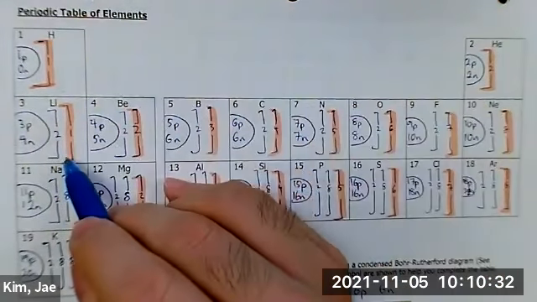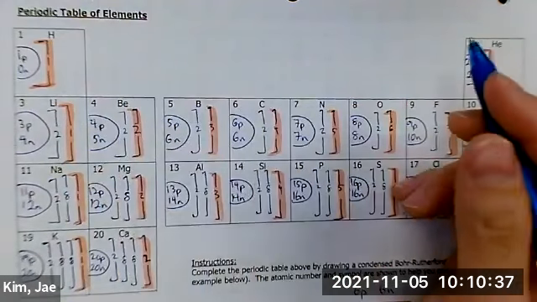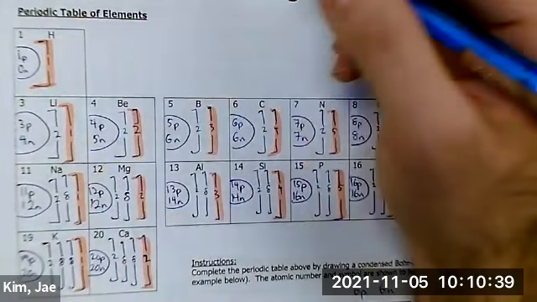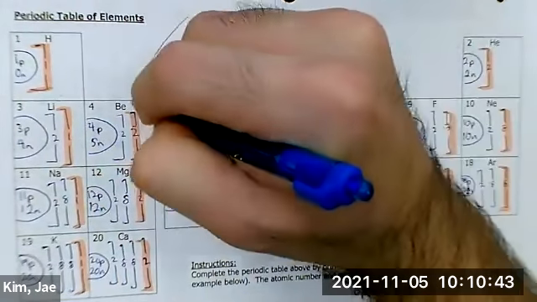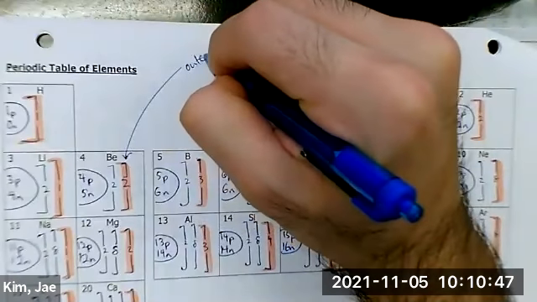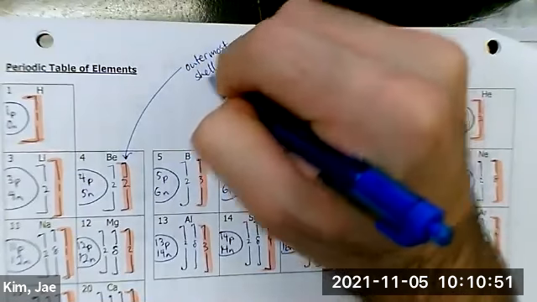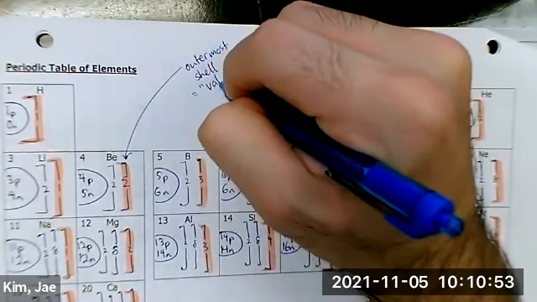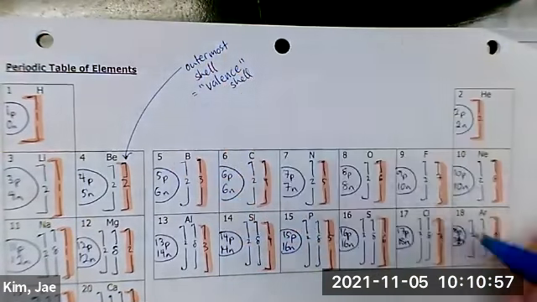The outermost shell, it's a mouthful to say outermost shell every single time. We actually give it a scientific word, and I'm going to write it here. The outermost shell is actually called the valence shell.